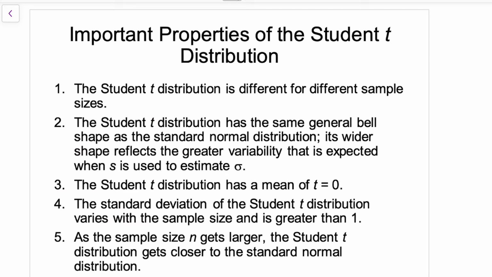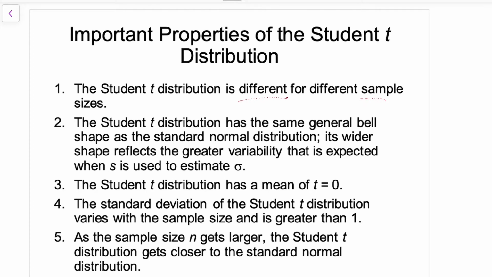Let's refamiliarize ourselves with the student t distribution. There are a few important properties. The student t distribution is different for different sample sizes. That is why we had to deal with the degrees of freedom.